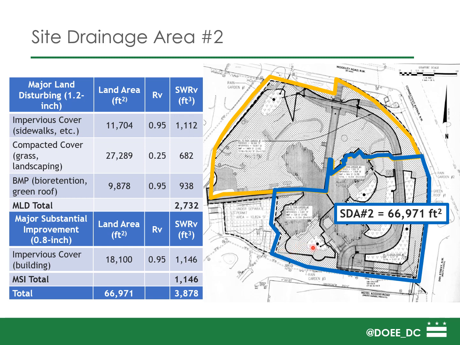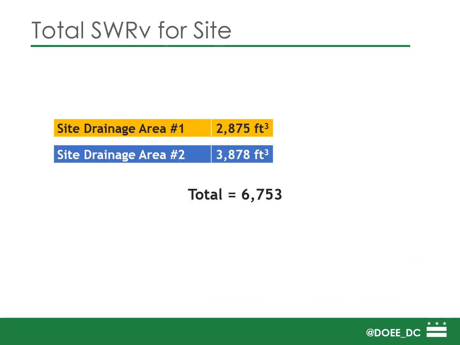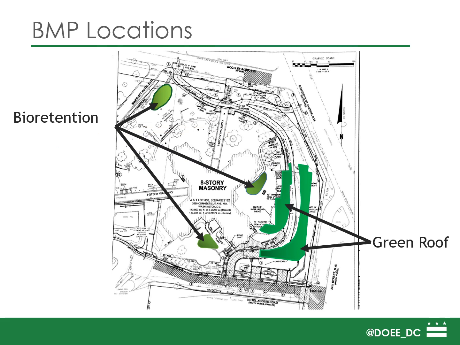So there's a bioretention 1, 2, and then some green roofs that are proposed 1 and 2 there. All of that area multiplied by the coefficient using the precipitation depth that corresponds to the activity, you can get again a SWRv for this site drainage area 2. We can then look at the two site drainage areas together, and the total site SWRv is the sum of the SWRv for each of those site drainage areas.